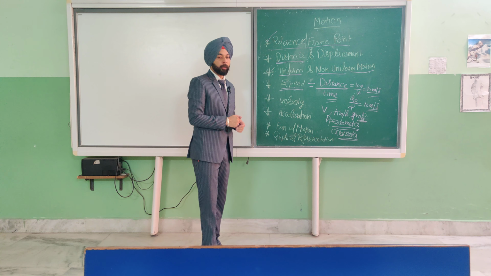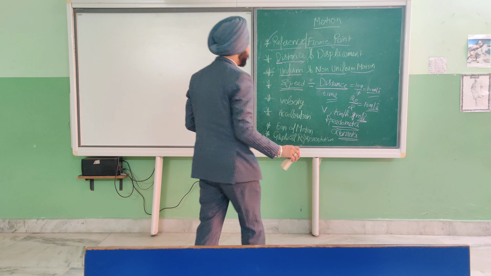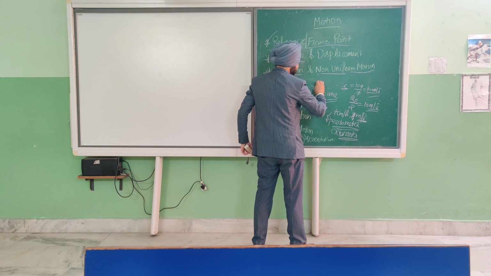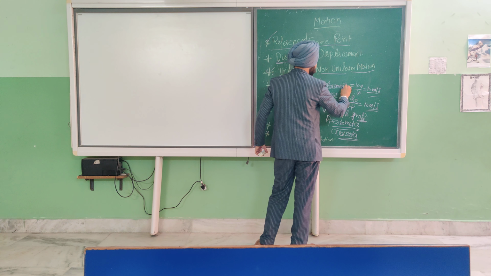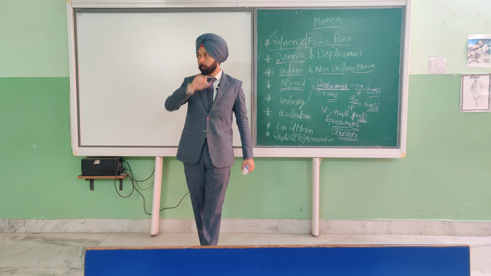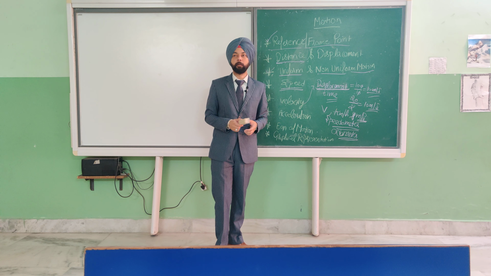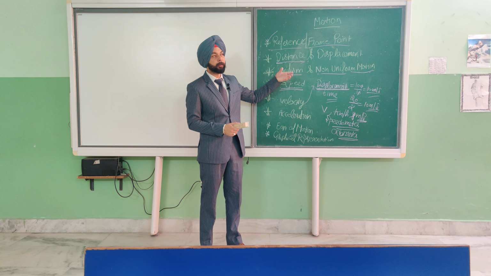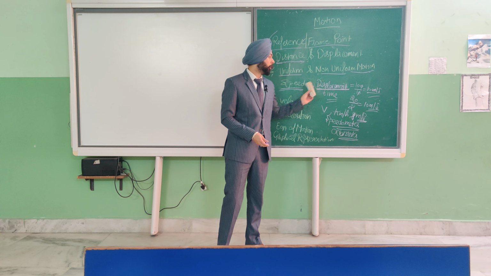Now the next thing is velocity. There is only one difference here: in velocity, at the place of distance we put displacement. The ratio of displacement to the time is equal to the velocity of a body.